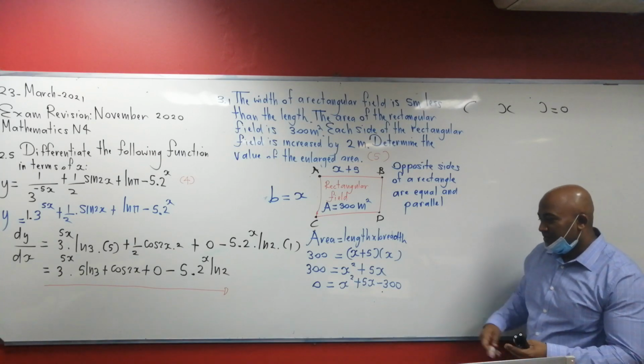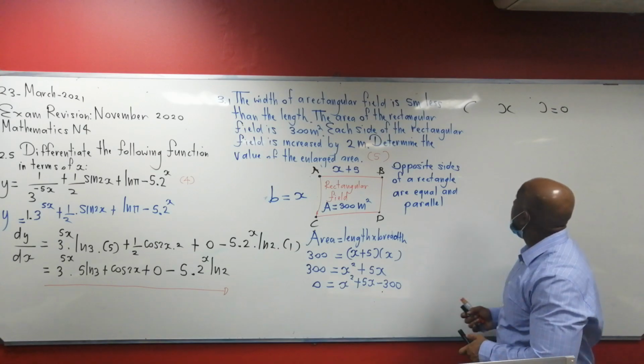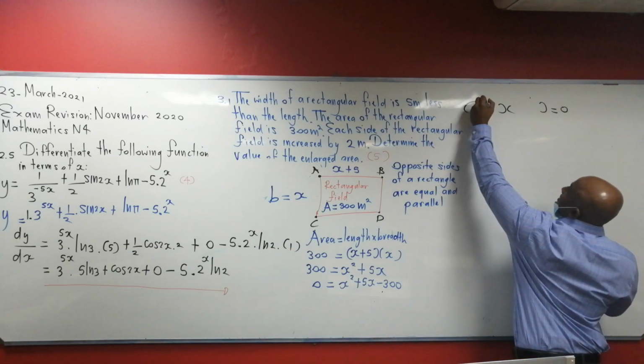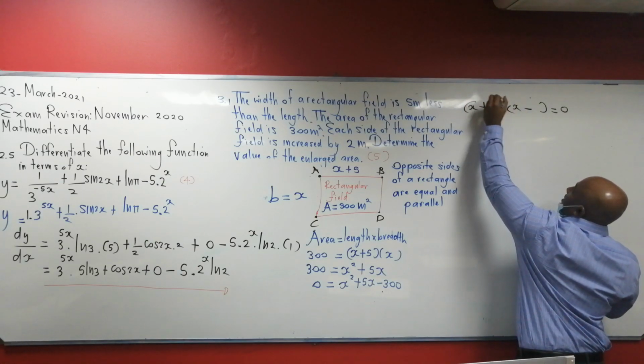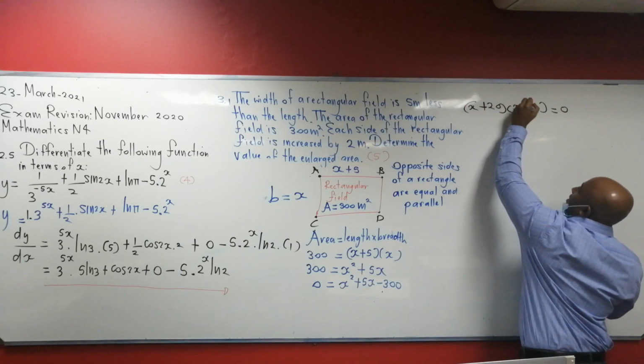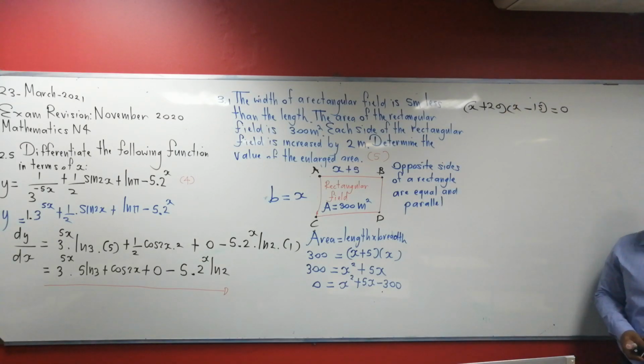Now the whole idea is obviously the middle term. You need to get the middle term. So we got 20 and 15. Why?